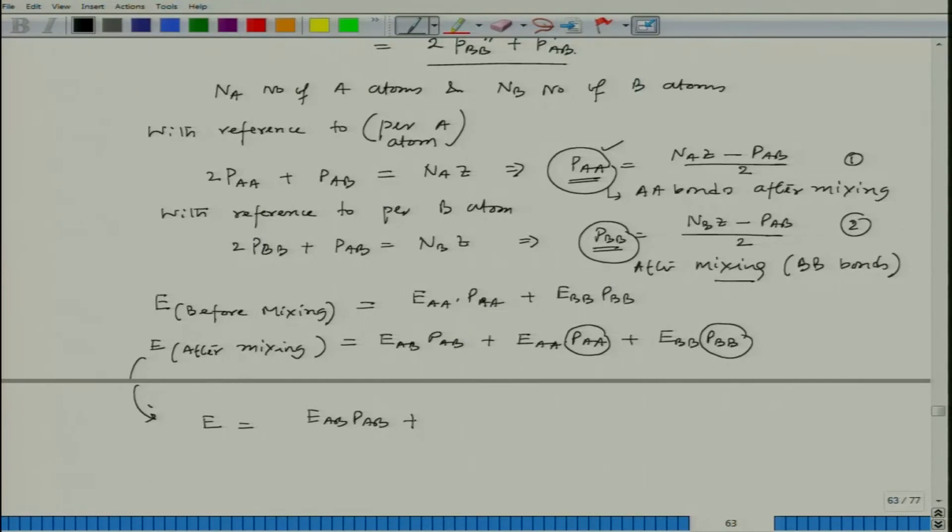So, this becomes EAA times NAZ minus PAB by 2 plus EBB times NBZ minus PAB by 2.